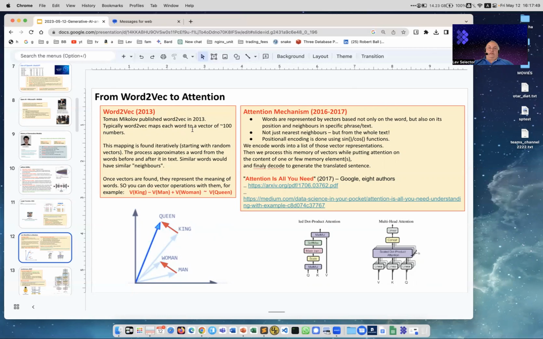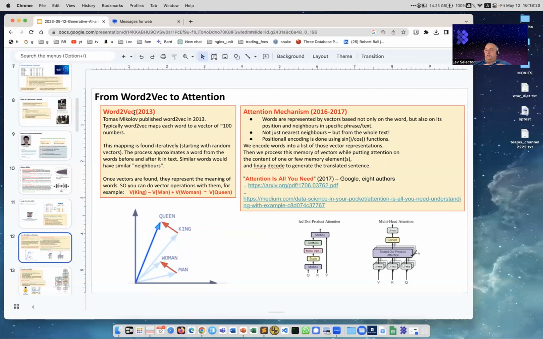So let me give some simple explanations. Before, there was something called word2vec. The word2vec model is a model where you take words and you look at the words around them, and you try to represent the words as vectors based on the word's neighbors, just words before and words after. It's an iterative process which generates those vectors.